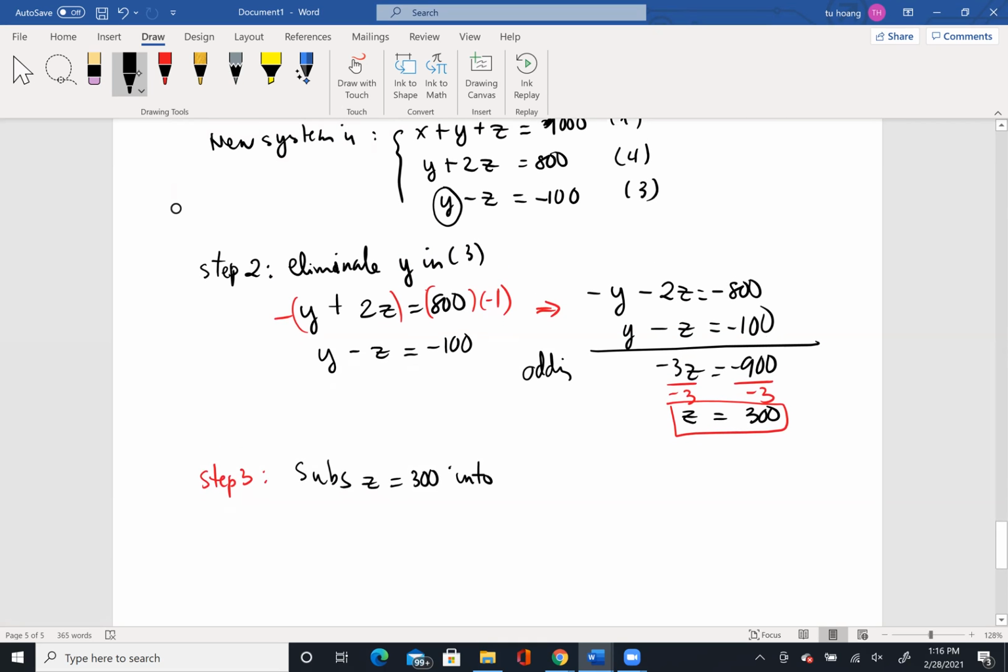So I'm going to use 3 in this case. Okay, either 3 or 4. Into 3, I have y minus z, which is 300, equal to negative 100. And then I add 300 to both sides, and I have y equal to 200.